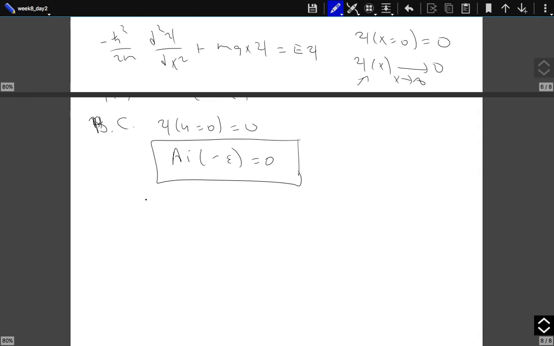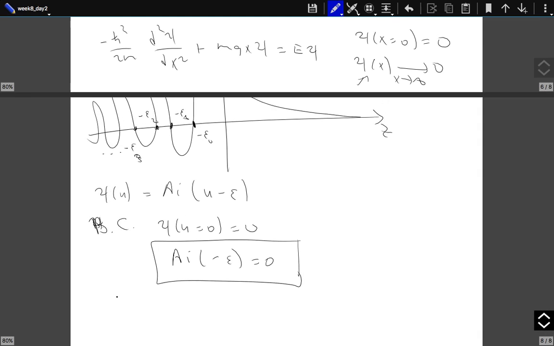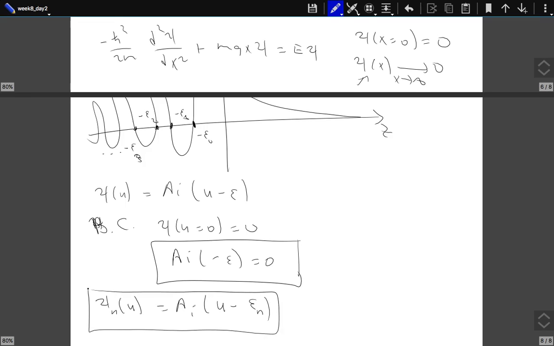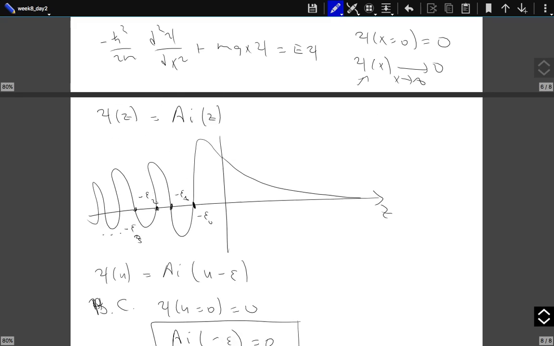So psi n of u is Ai of u minus epsilon n. So these are my solutions. And although they are all written in terms of a single function Ai, you see what we are actually doing. We are basically shifting this solution.